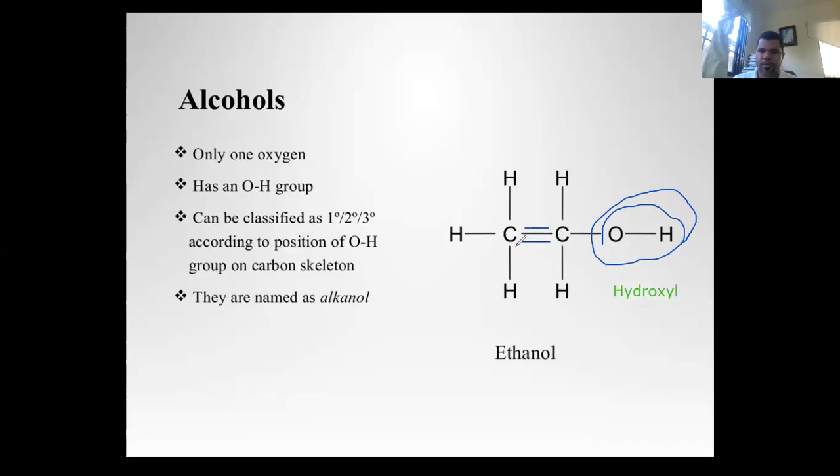This is still primary because it's attached to only one carbon. It's not the amount of bonds that it has, but how many carbons are attached to it. So what do I need if I want to have a tertiary carbon? Two more carbons connected?